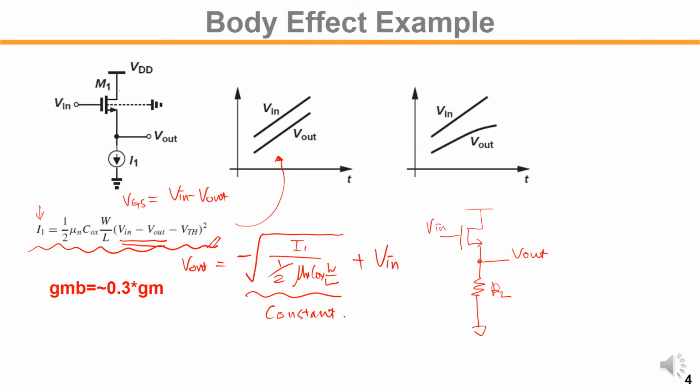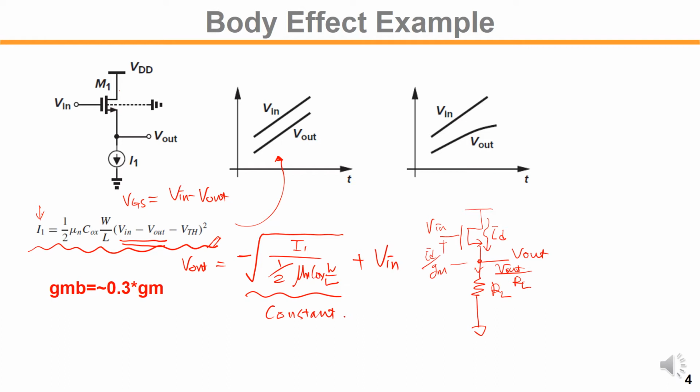In this case, the change in Vin will create the small signal variation ID, given by the gate and source variation. The small signal variation will be ID over gm, right? The current through RL is Vout over RL. So we can equate to find Vout.